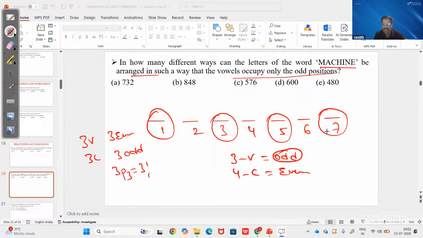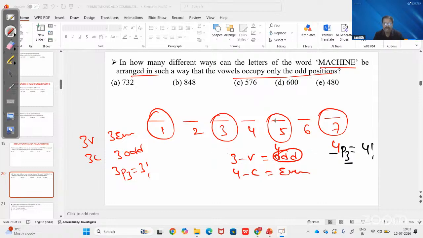But here we have 4 odd positions. Out of 4, we need to arrange 3 vowels. That is 4P3, equal to 4 into 3 into 2, which equals 4 factorial. Out of 4, we are arranging only 3 letters.